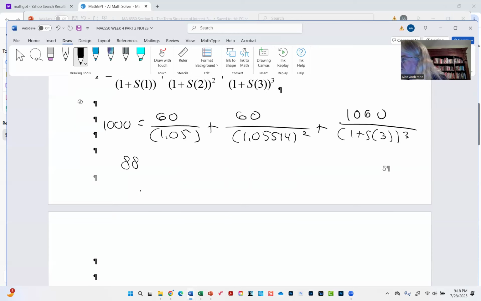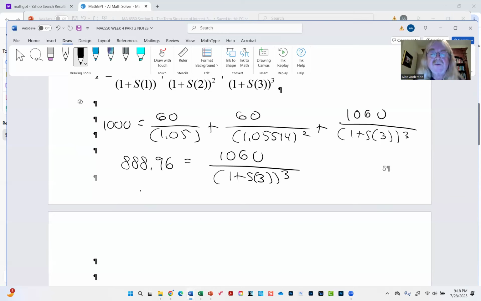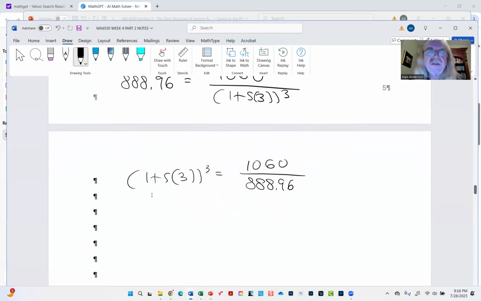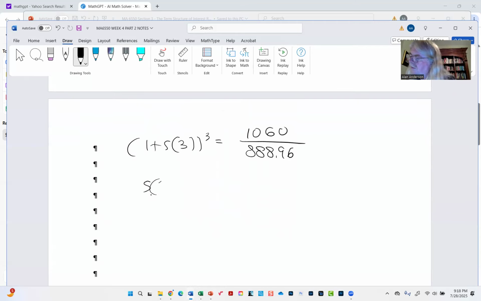$888.96. Again, just a little algebra. Take the cube root of both sides, subtract 1.